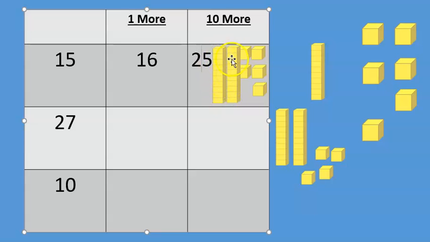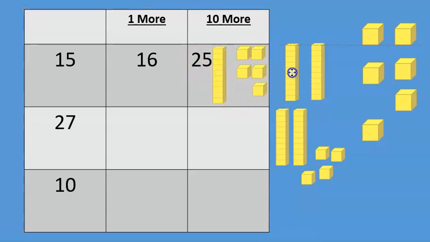So these 2 long cubes represent that 2 there because it's in the tens place. And this 5 are these cubes back here, okay? Now let's count again. 10, 20, 21, 22, 23, 24, 25, okay? So our answer here is going to be 25.